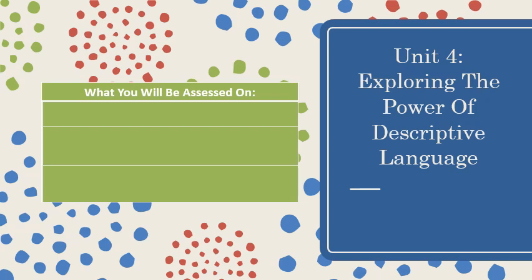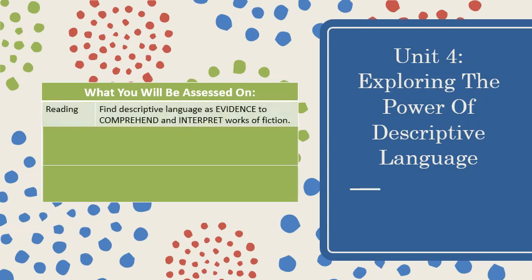So the first thing that I'll be assessing is a reading skill, as has always been the case all year long. And in this case, I'll be looking for you to find descriptive language as evidence in order to comprehend and interpret a work of fiction.